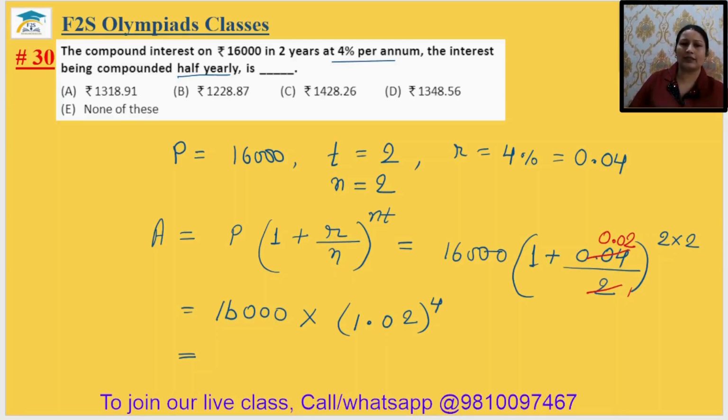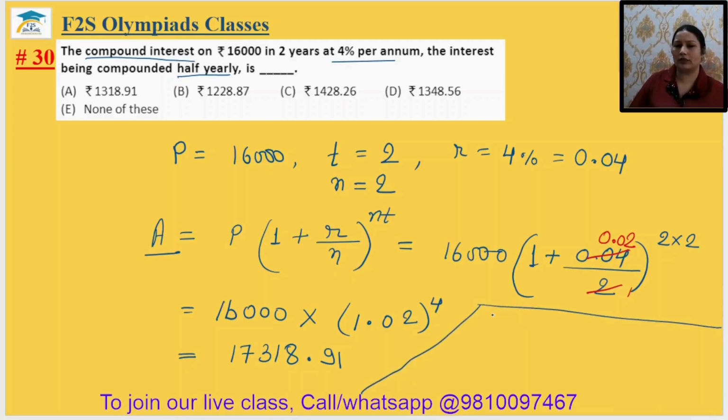Okay, and then multiply by 16,000. So you will get 17,318.91. This is our amount. Okay, but we have to find the compound interest. So what is the formula for compound interest?